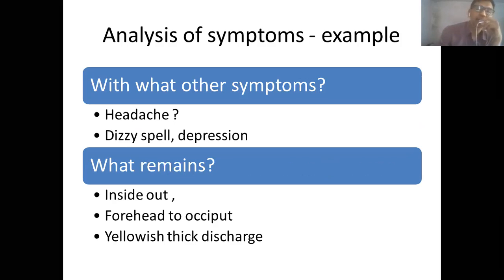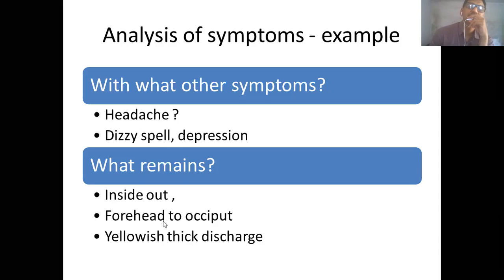What are the symptoms which are remaining in this case? Yellowish thick discharge. Then there is pressing, tearing pain inside out, and pain starts in the forehead and goes to the occiput.